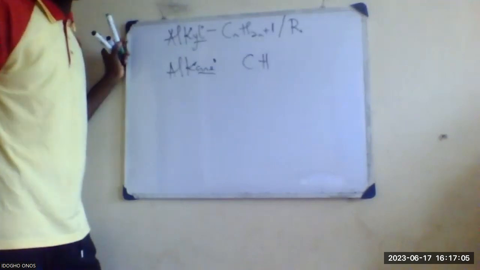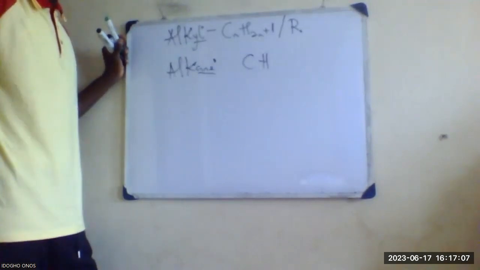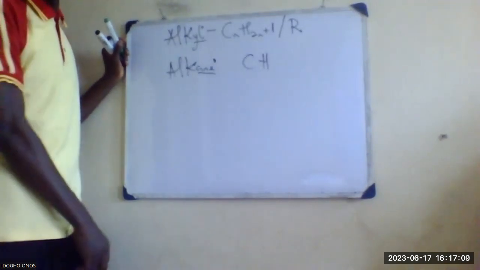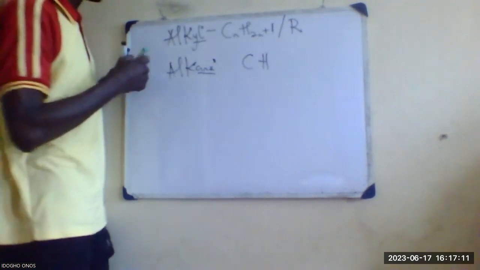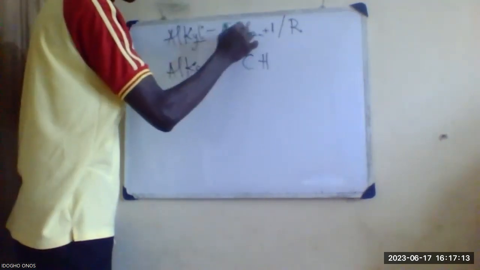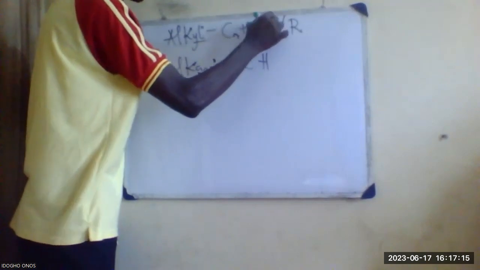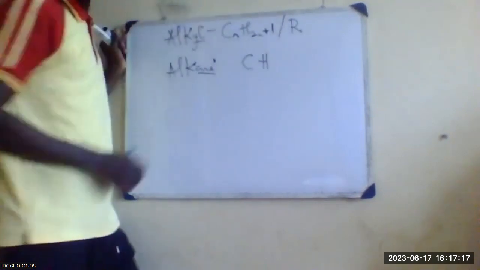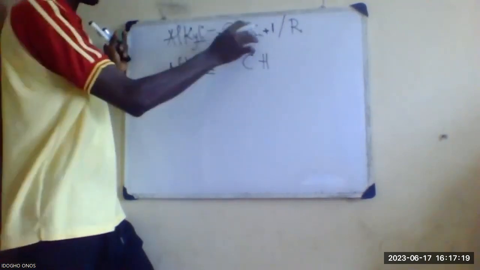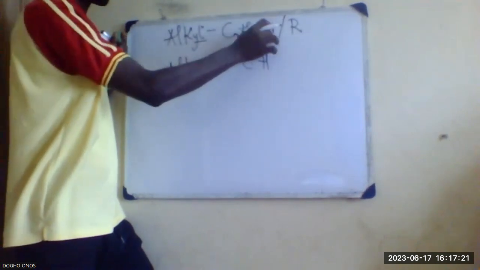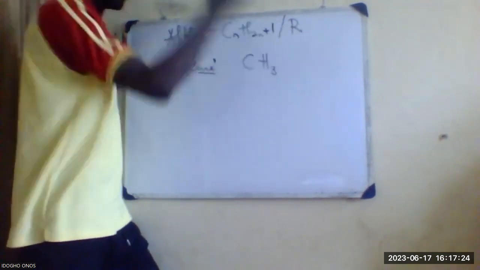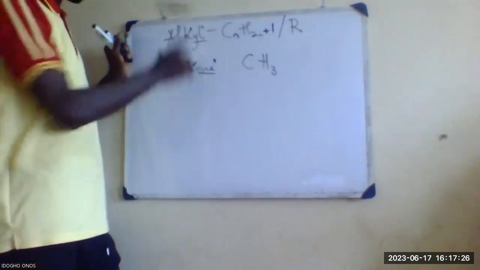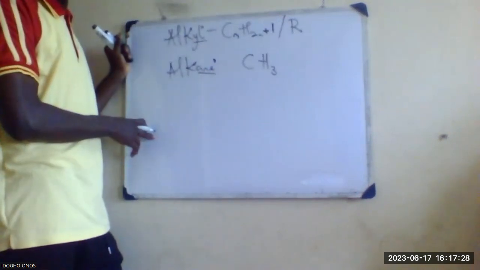What will be the first member? The general molecular formula is CnH2n+1. So if my n is 1, that will be 2 times 1, which is 2, plus 1, 3. That is CH3 for alkyl, the first member.